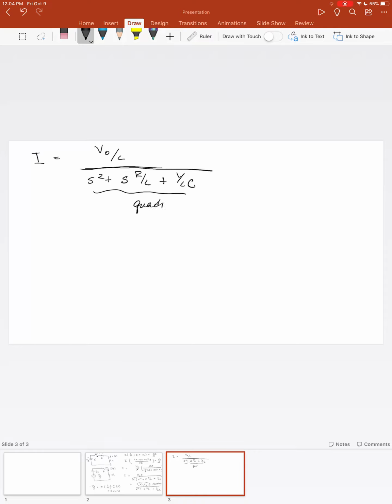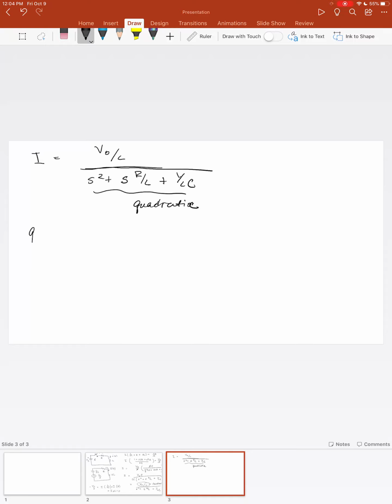Now remember, when you have a quadratic in the denominator, first of all, it is the denominator that determines the response in the time domain. As long as the denominator is of higher order than the numerator, your response in the time domain is well behaved. Your denominator in the s domain is what's going to determine the mathematical form of the response in the time domain.